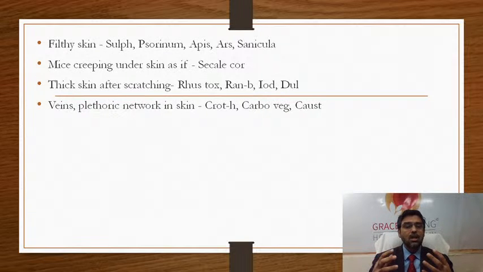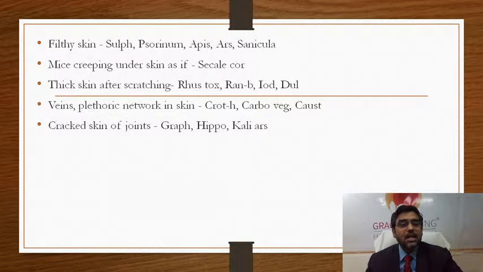Of course, there are a lot of other symptoms you have to see, but this is how skin will guide you to the right remedy if you have a group of remedies. I hope everybody is getting what I mean to tell you.